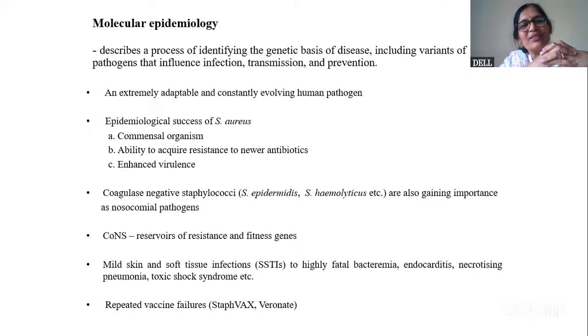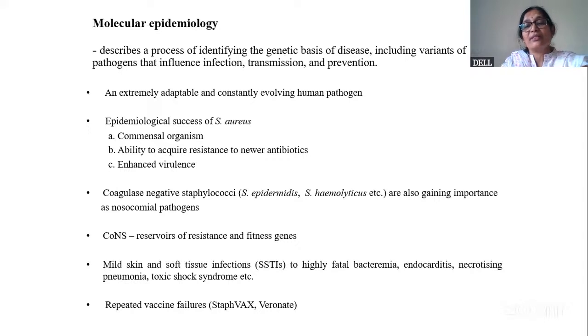The epidemiological success of Staphylococcus aureus is because it's a commensal organism, it has an ability to acquire resistance to newer antibiotics, and it has enhanced virulence. There are both coagulase negative staphylococci and coagulase positive staphylococci. Coagulase negative acts as the reservoir of resistance and fitness genes.